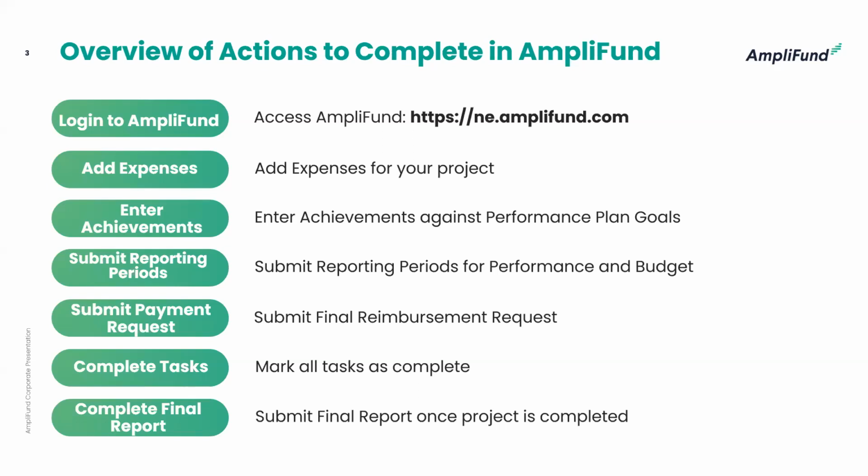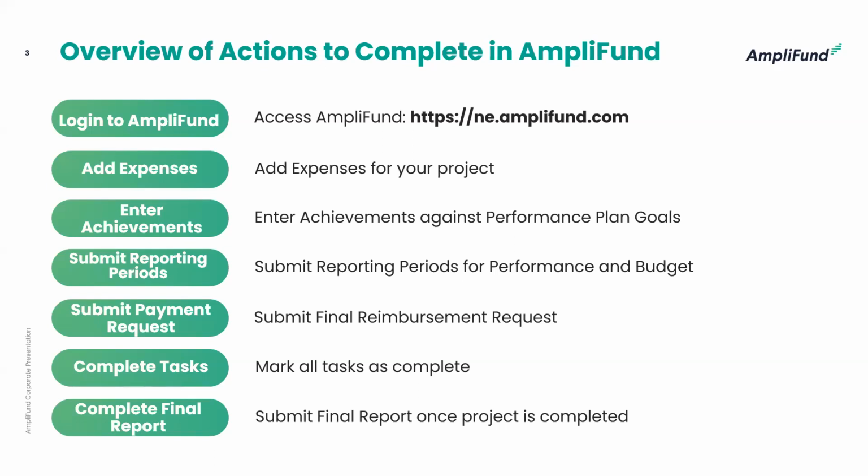One thing that I always like to mention getting started is logging into Amplifund. For those of you that are current awardees or that are used to utilizing Amplifund, you know that Amplifund can be accessed via the URL ne.amplifund.com. So please feel free to log in and type in your established credentials, and you can do that from anywhere.